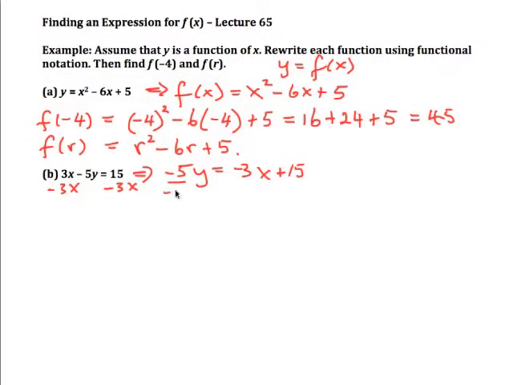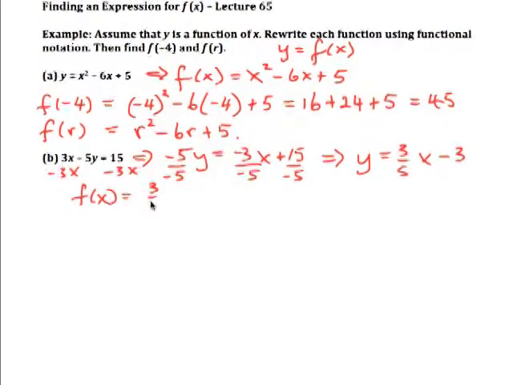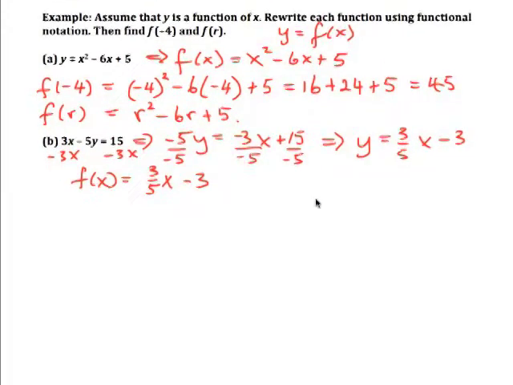Now I'm going to divide everything through by negative 5. So this implies that y is equal to 3/5 x, and negative 5 into 15 is negative 3. So my function would in fact be 3 on 5 x subtract 3.